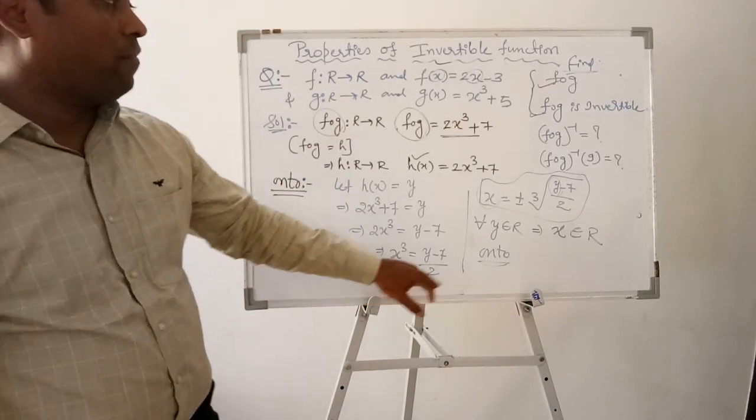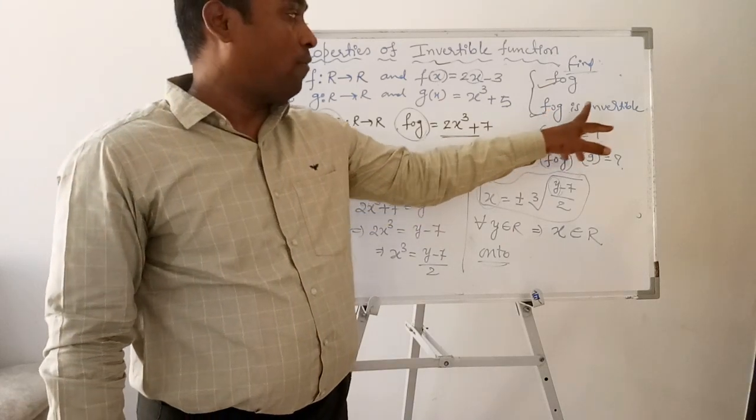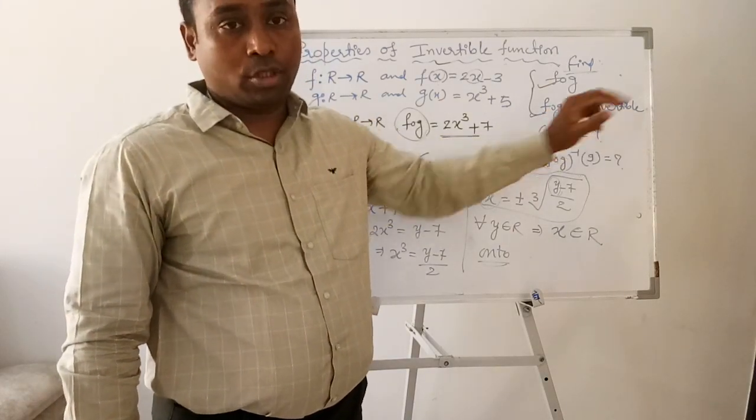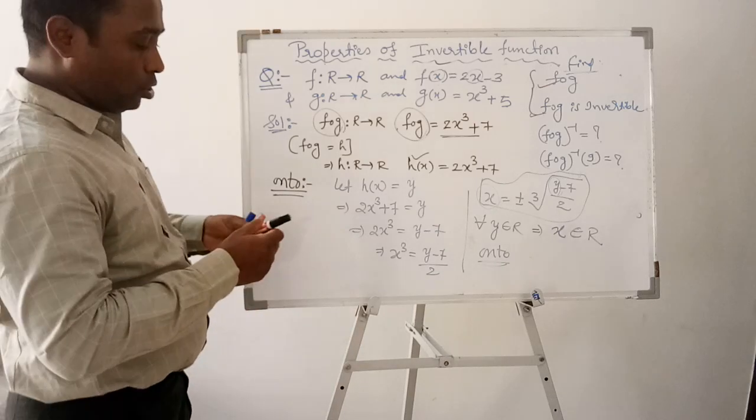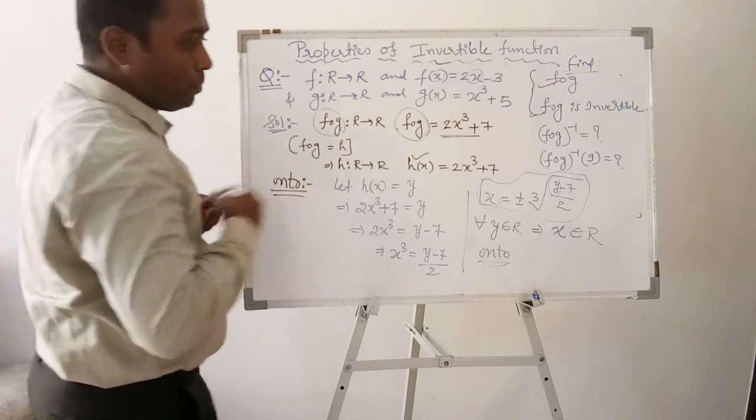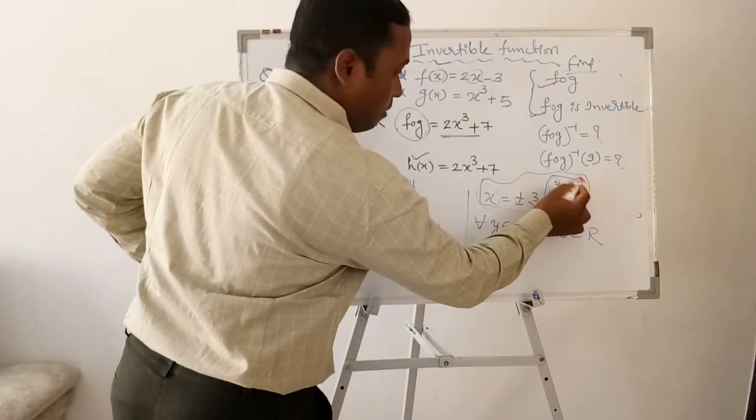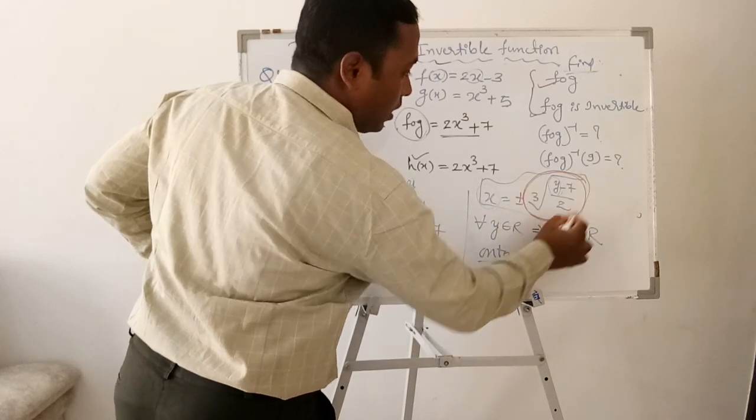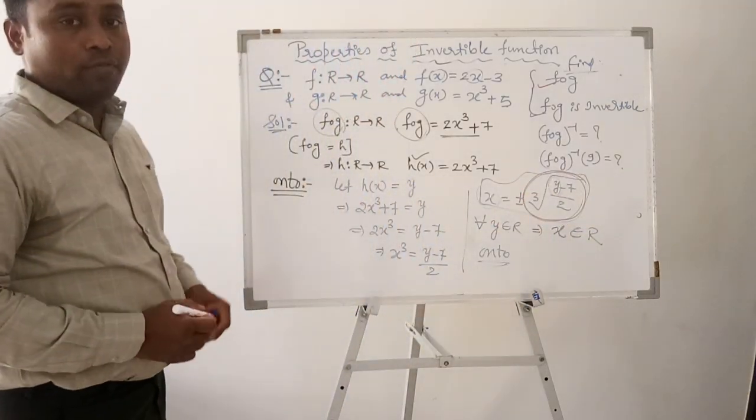If it is a bijective function, you can simply say the fog is an invertible function. And what is the inverse of this function? Simply from this operation, the term in terms of y, the operation which you got, is called the inverse of the function.